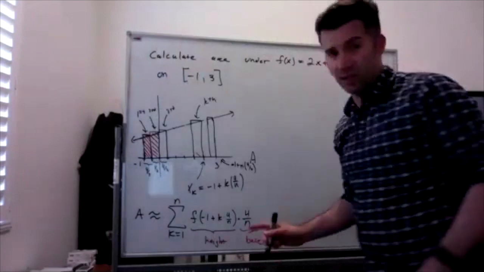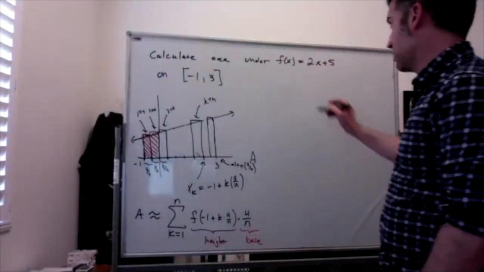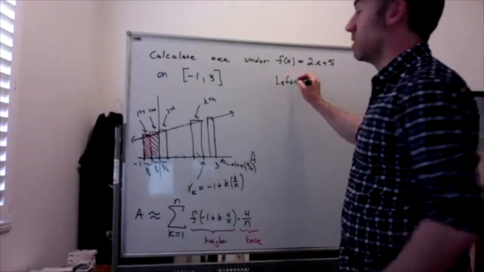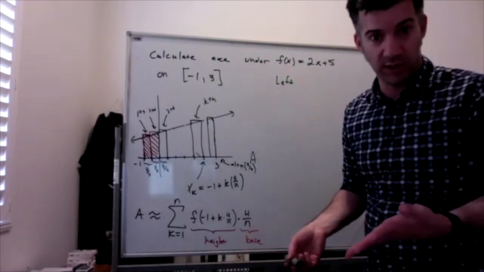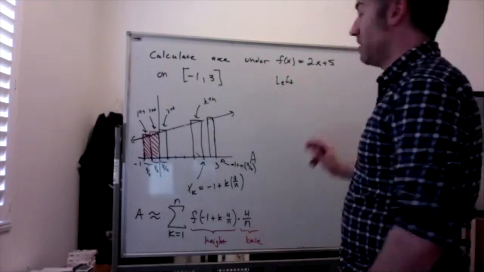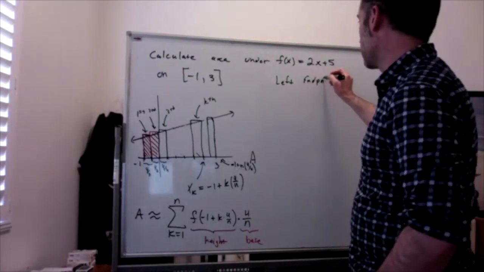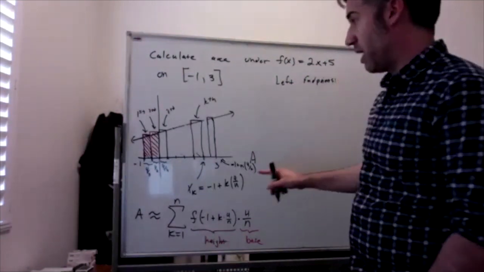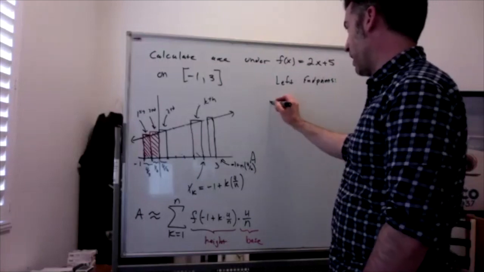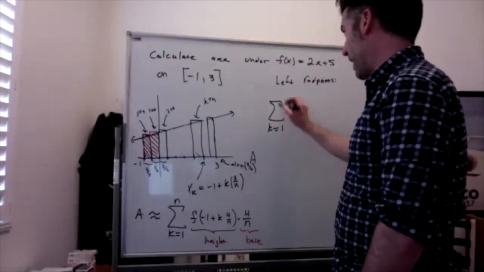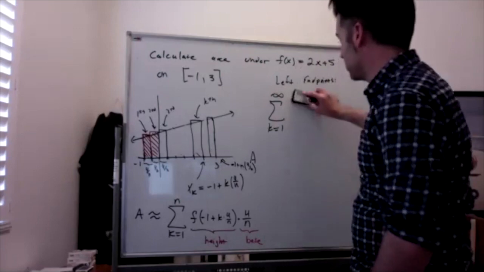So you can do this using left endpoints, and here's the difference. If you use left endpoints, which would be lower sums, because that would give you an underestimate every time in this particular example, not always, just this example, you're still adding up all the rectangles.